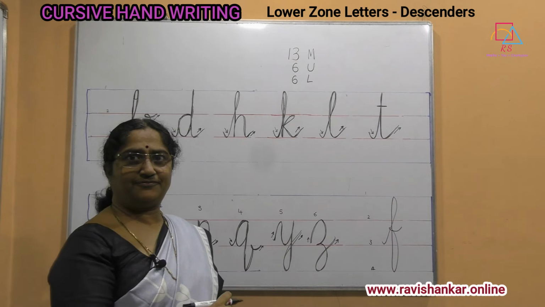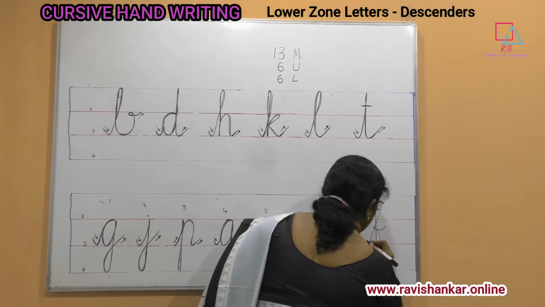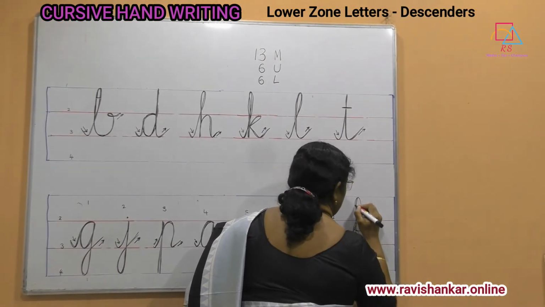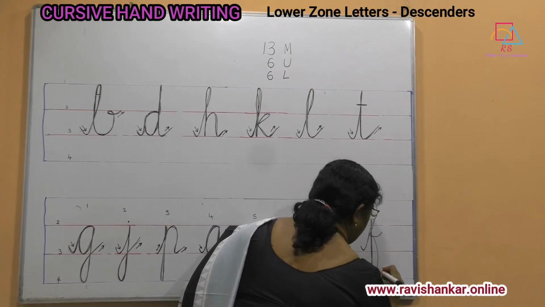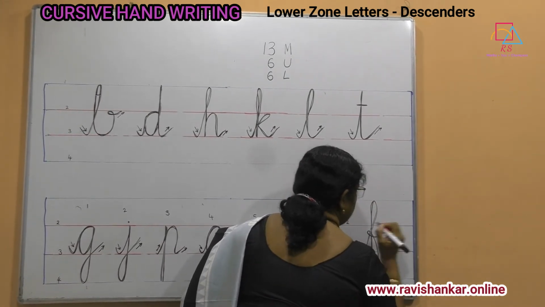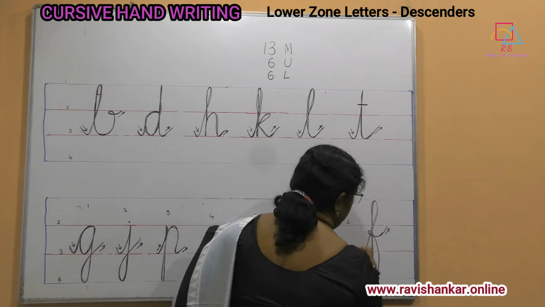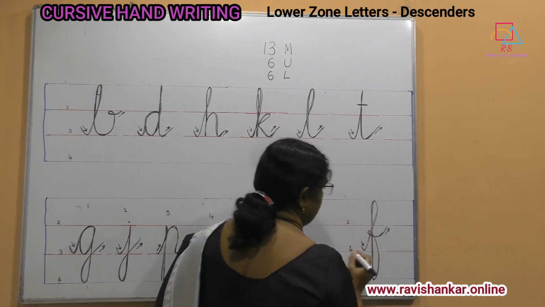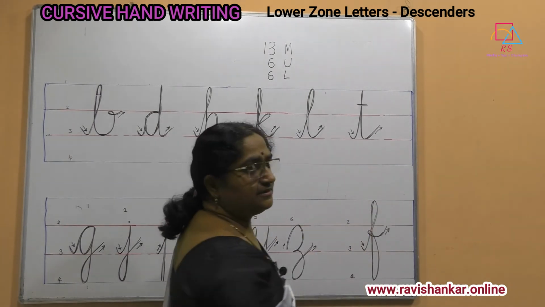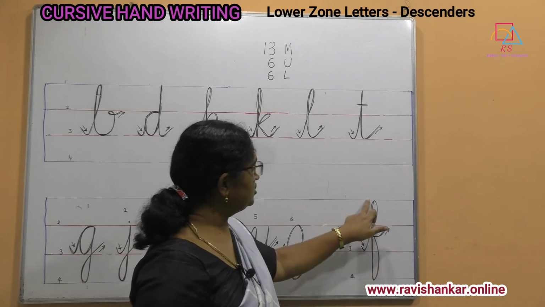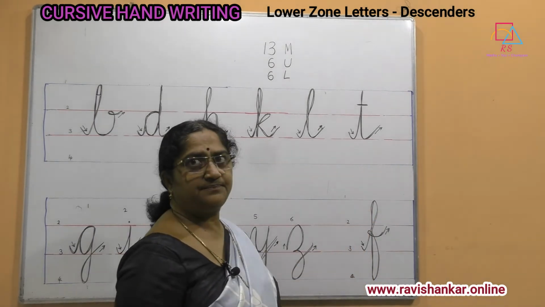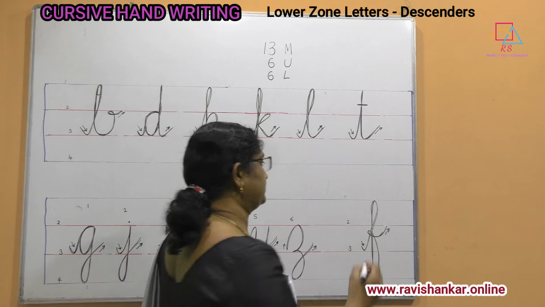Letter F. Again, the beginning stroke all the way to line number 4. Beginning stroke, ending stroke. So if you see this letter, this is the only letter which uses all the 4 lines. We touch all the 4 lines.